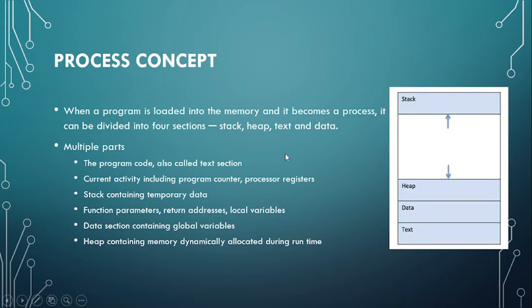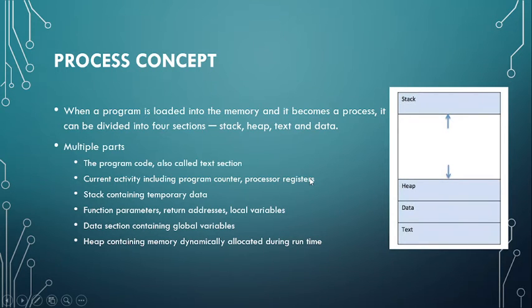The first one is the program code, which is also called the text section, the source code that we have written, and the current activity including the program counter and processor registers. The program counter is a register which holds the next instruction to be executed, and the processor registers hold information and computation results of the process.